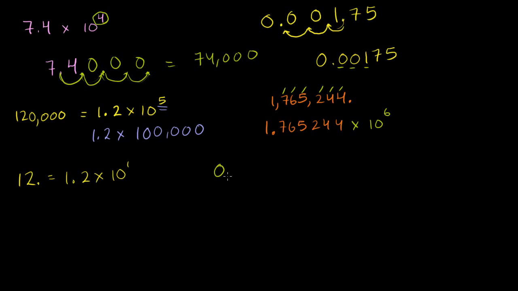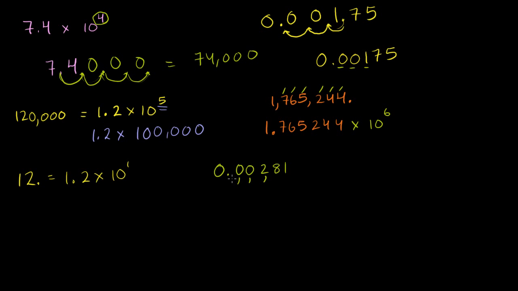So let's say we had 0.00281, and we want to write this in scientific notation. So what you do is you just have to think, well, how many digits are there to get to include the leading numeral in the value? So what I mean there is count 1, 2, 3.